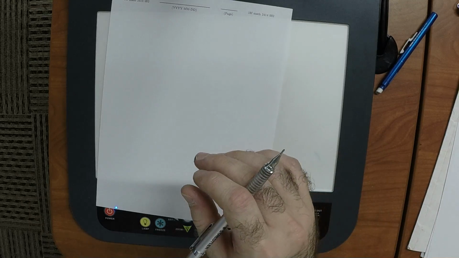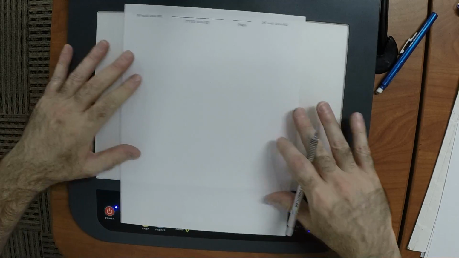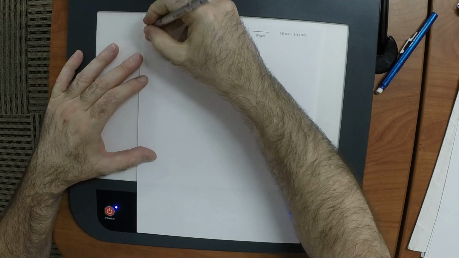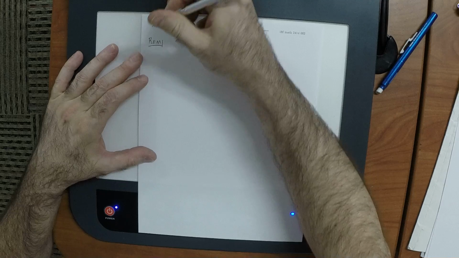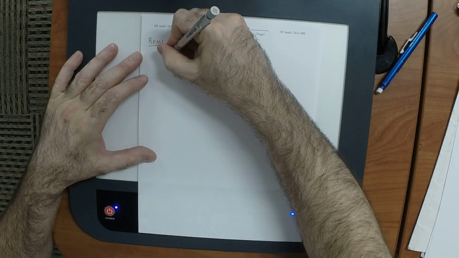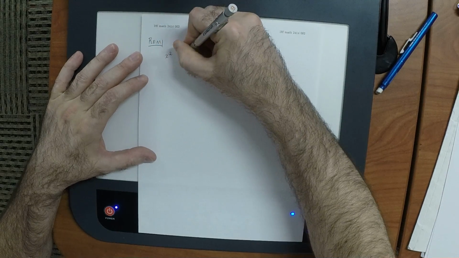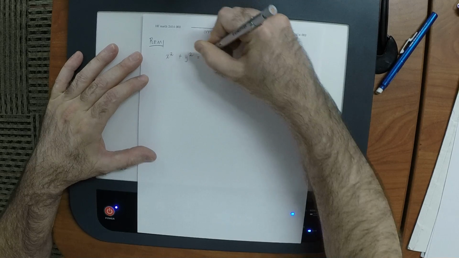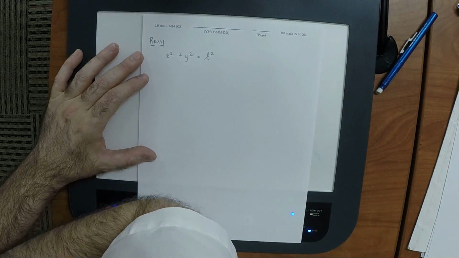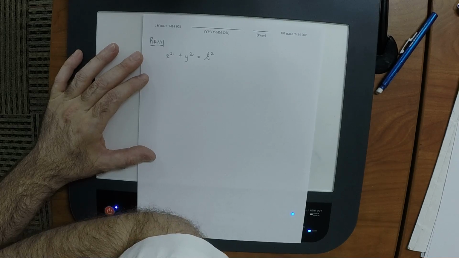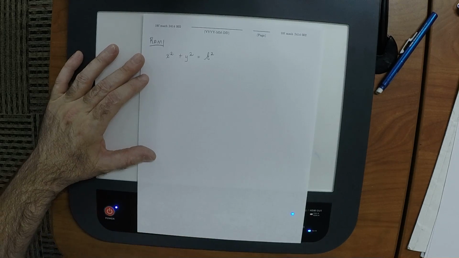You remember that from high school, all the conic sections? In particular, I'd like you to recall this one, x squared plus y squared is r squared. Of course, that's the circle of radius r centered at the origin.